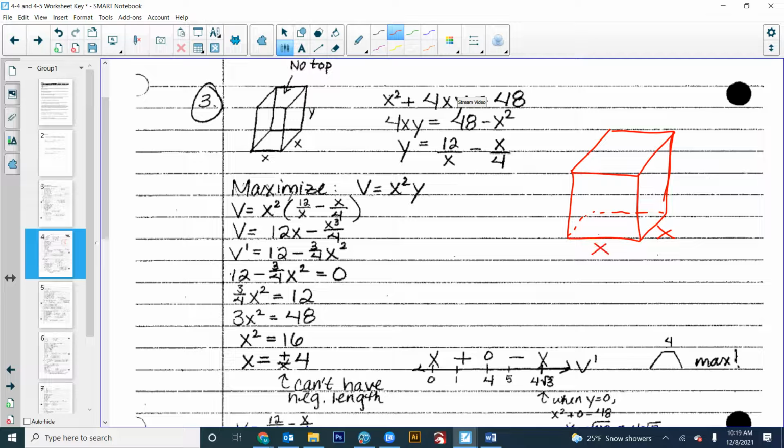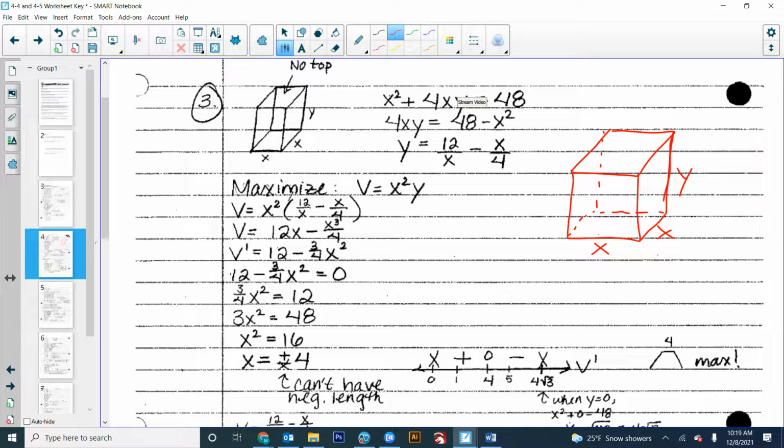That was a key part of the problem there: the base is square and there's no top on it, so you didn't want to include that in the surface area. So now you have to come up with what is the surface that I'm calculating. Well, I've got an XY here, an XY here, an XY here, and on the back I've got an XY, so I have 4 XYs. And I don't have 2x squareds, I only have 1x squared since there's only a bottom. That is the surface you have to calculate. Does that make sense to you?